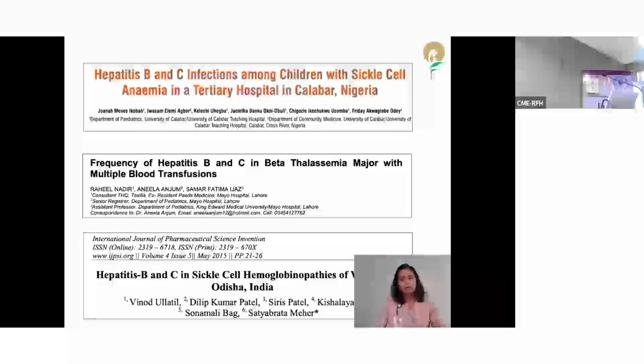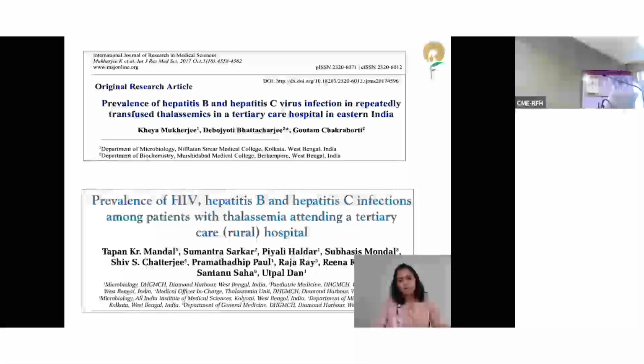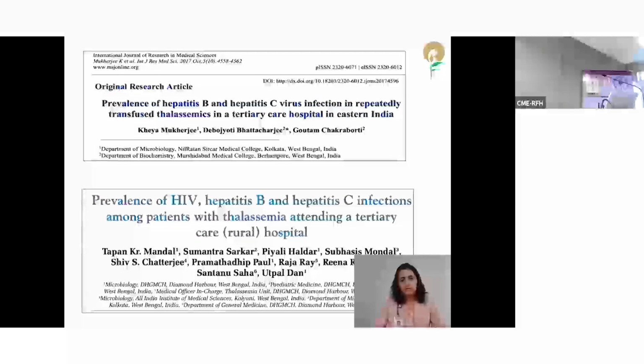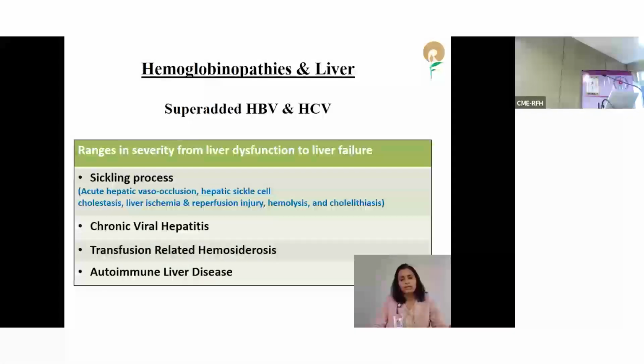Having gone through multiple data where they have found hepatitis B and C, with some caveats in one study or the other, the finally important point to be noted is that when we are looking at hemoglobinopathies and liver, apart from just having hepatitis B and C, there are other processes which have affected that liver initially.